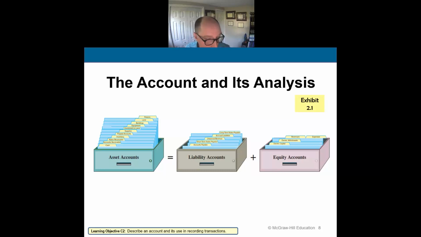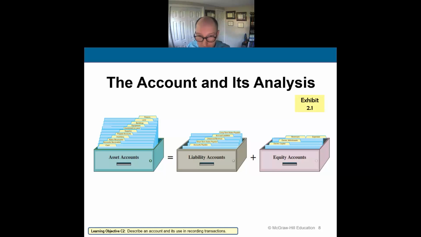For example, I got my electric bill the other day. It's due next month. It covers half of the previous month and half of this. That is an accounts payable, right? I got the bill, haven't yet paid it.